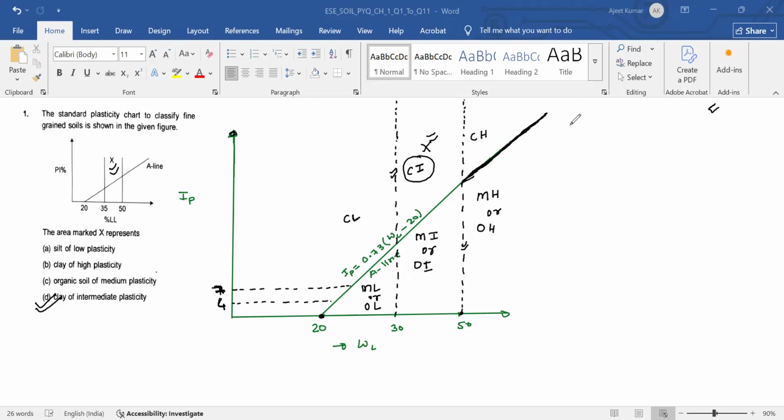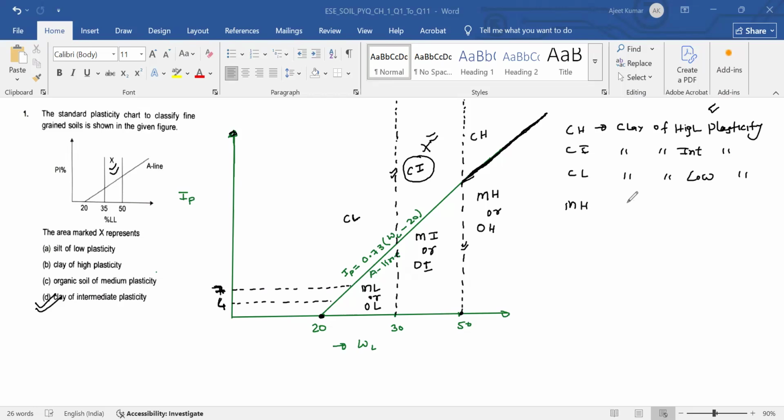Here CH is clay of high plasticity. CI is clay of intermediate plasticity. CL is clay of low plasticity.